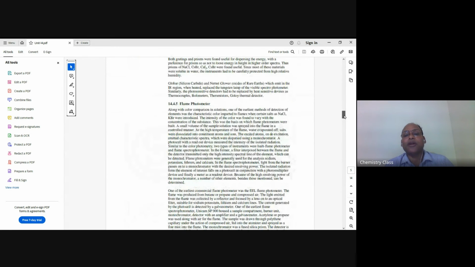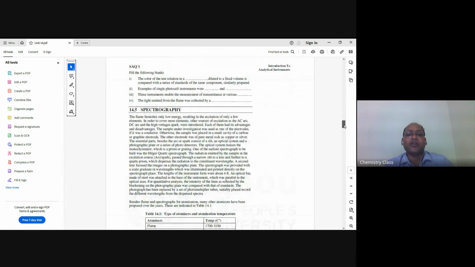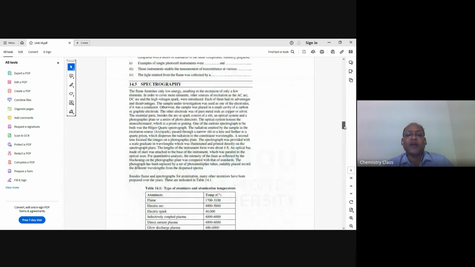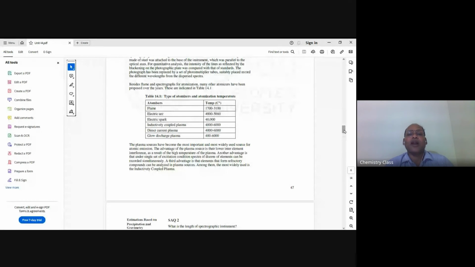Then flame photometer, you have to go through this one, flame photometer and all the things. Then spectrography, the method, and the types of atomizer and atomization temperature. So the flame is around 1700 to 3100 degrees Celsius.